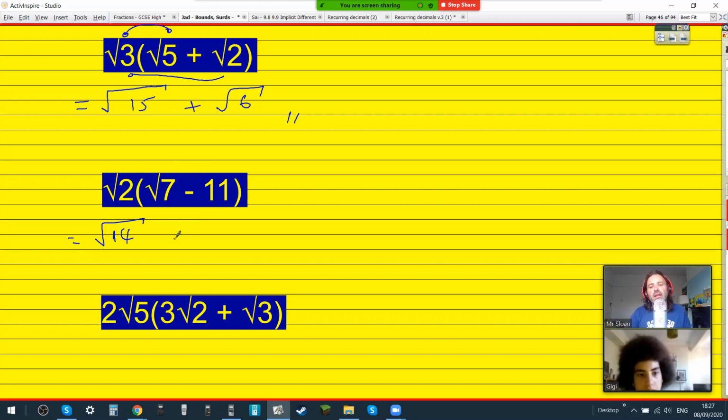Next one. Root 14 minus root 22. Look carefully. There is no square root symbol. Root 14 minus 11 root 2. Well done. Okay, tricky time. First, you'll do 2 root 5 times 3 root 2.